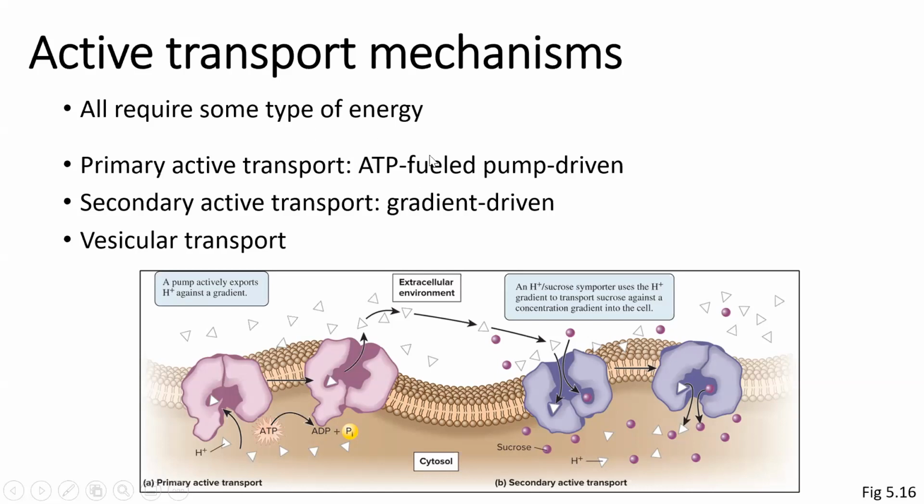So you can have an ATP fueled pump. The sodium potassium ATPase pump is a big example. You can also have the secondary active transport, which is gradient driven, and then you have vesicular transport. So you can have vesicles that will transport the substances across the gradient with the help of ATP.